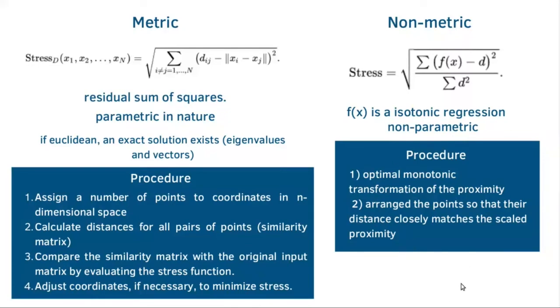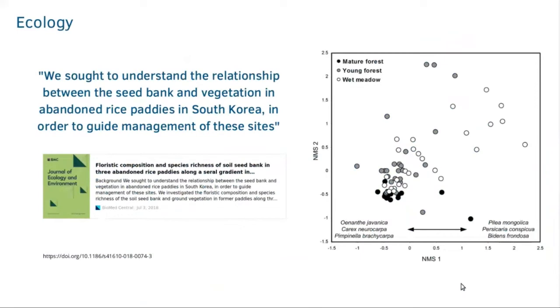So this procedure is quite expensive computationally, so it's a bit slow. It's a bit unfortunate because it's usually good, and it's very common in ecology. Even the packages that we are going to use today to do multidimensional scaling are usually designed and created for ecologists. There is this paper trying to understand the relationship between how many seeds there are in the soil and the vegetation in South Korea, and this is exactly what they did.